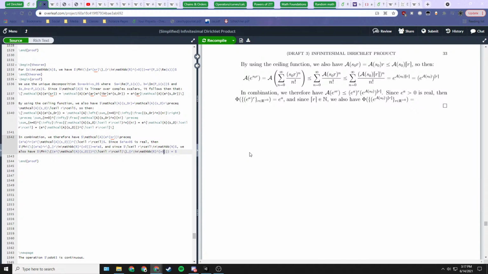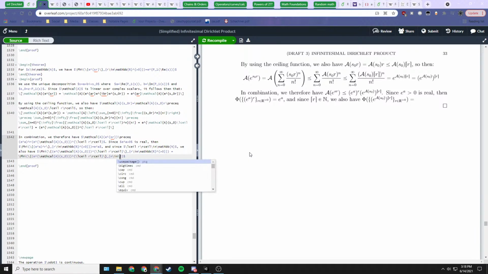Okay. So this is exactly the same, but instead of being R in real positive, we just have N in naturals. Instead of doing the ceiling of R, we just do power N. And we know that this is just the absolute value of P1 of E to the power of A S0.